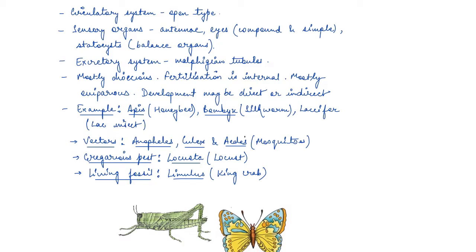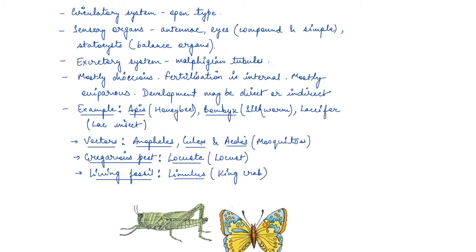Then they have sensory organs. And what are the sensory organs? So that is antenna, eyes. Now eyes can be compound as well as simple, and they have statocysts. Okay, so statocysts are nothing but the balance organs.